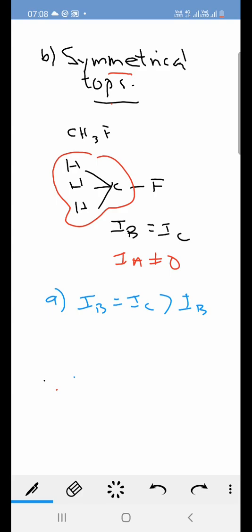In that case, it is called a prolate symmetrical top. An example is CH3F.